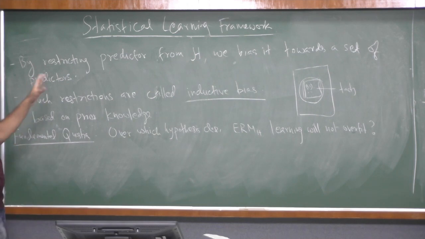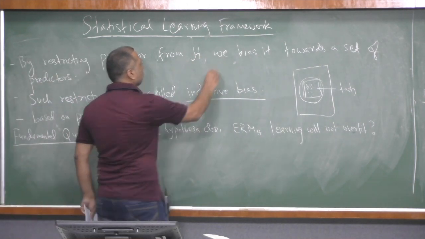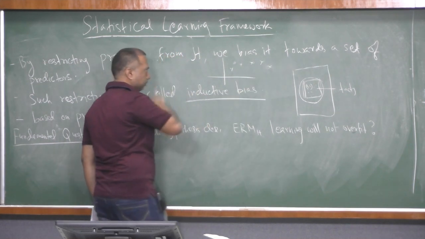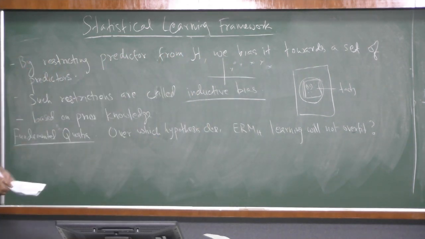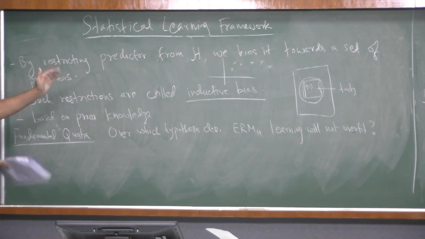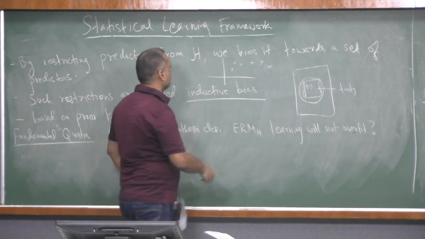So for instance, in the previous example that I mentioned, if I allow it over all possible rectangles, it's going to overfit. Again, it will memorize.